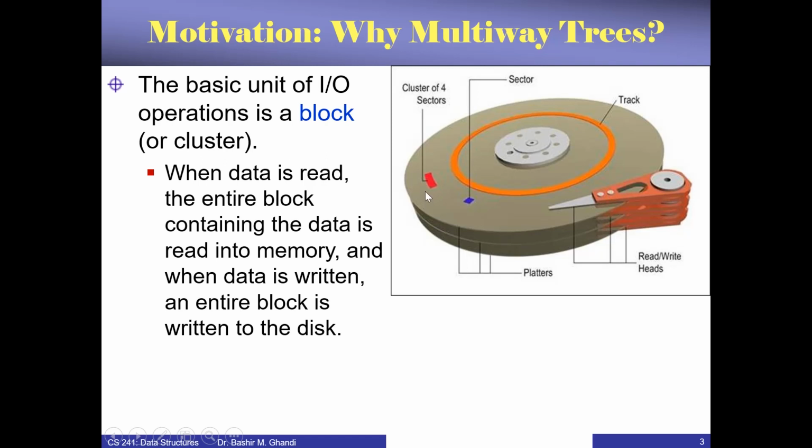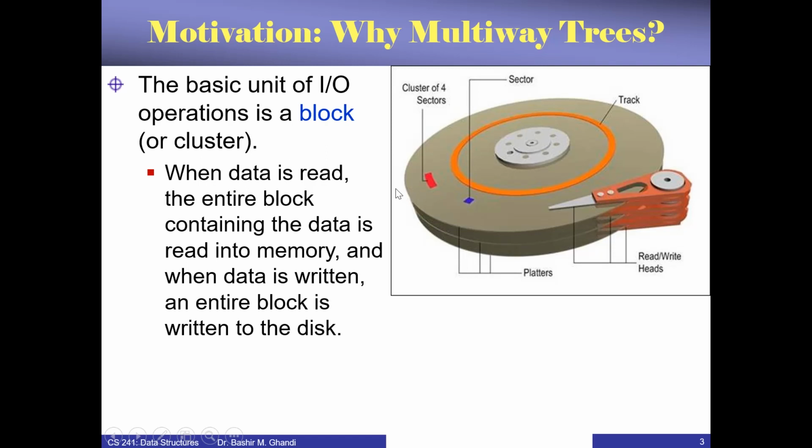So a cluster is a collection of multiple sectors. What we have just said is that the minimum data you can read is the data inside one block like this. Similarly, when you write data, it must be written entirely on at least one block.